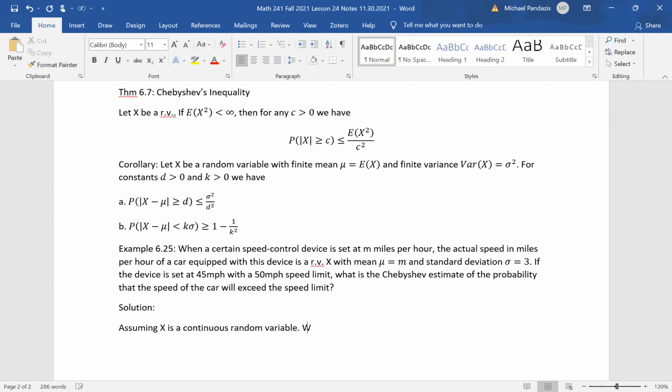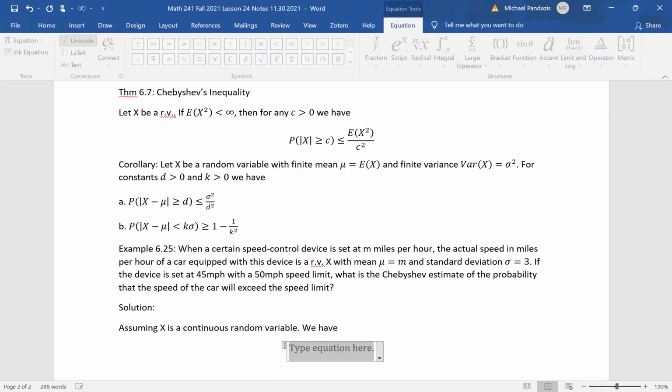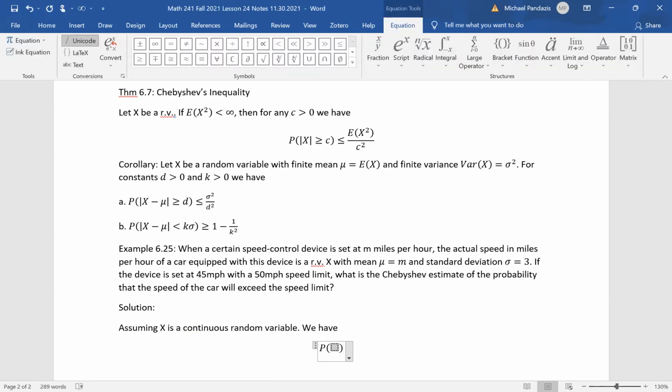Okay, so what we have is that the probability that the actual speed exceeds the speed limit is equal to the probability that X, which is the actual speed in miles per hour, is strictly greater than 50, right?